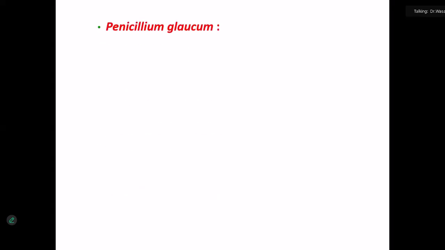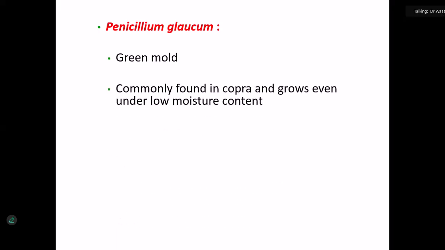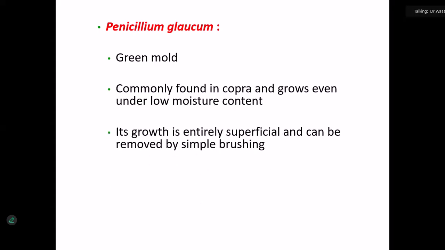Next one, Penicillium glaucum. Green color mold. But that is not much harmful. Commonly found on copra, even under low moisture, but entirely superficial, as a layer.